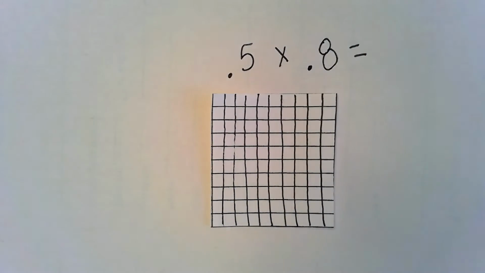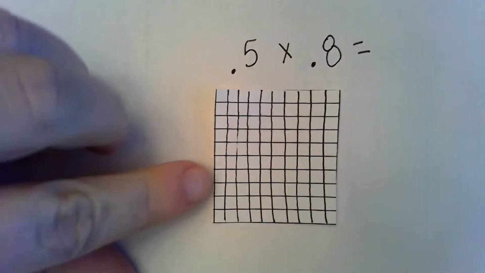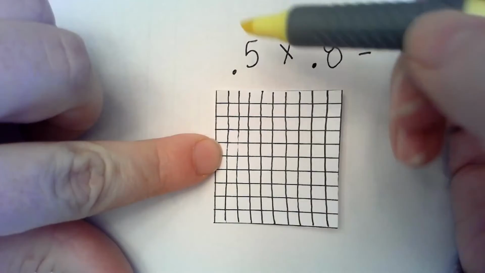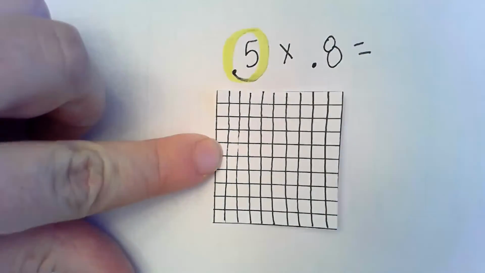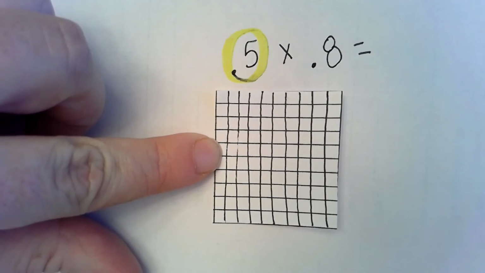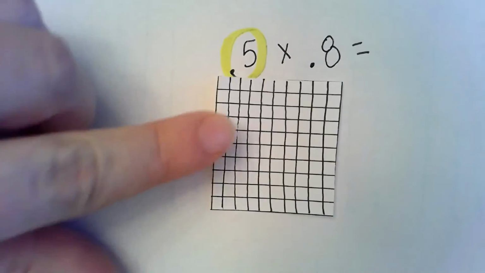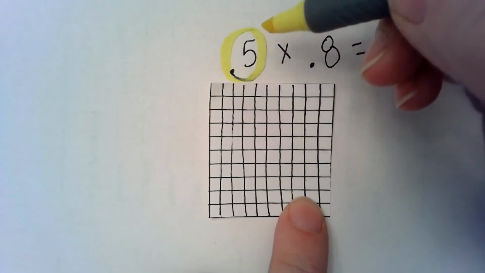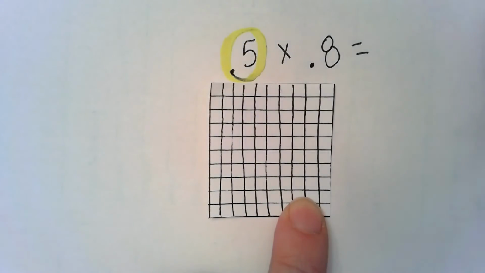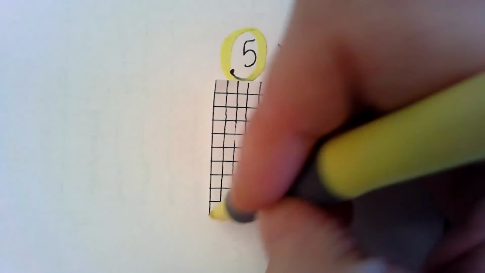Well, let's talk about how we could model this to see what is happening as we multiply decimals. What I'm going to do is I'm first going to think about this first factor. This first factor is 5/10 or 1/2, and I am going to highlight 5 of the 10 columns that I see here vertically.